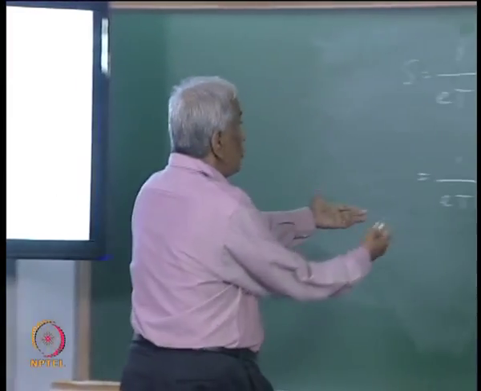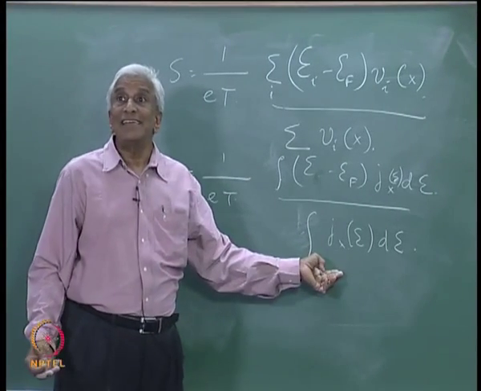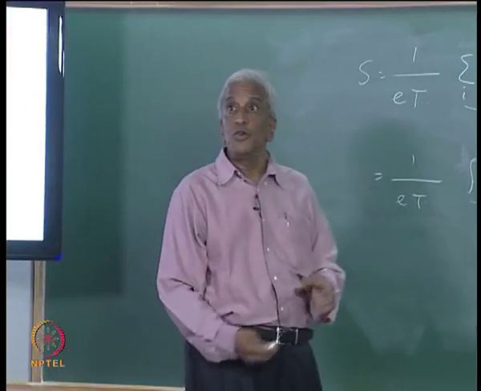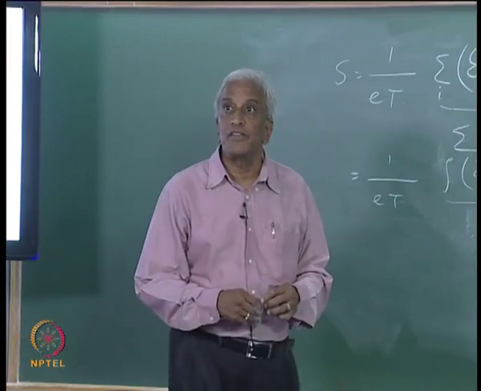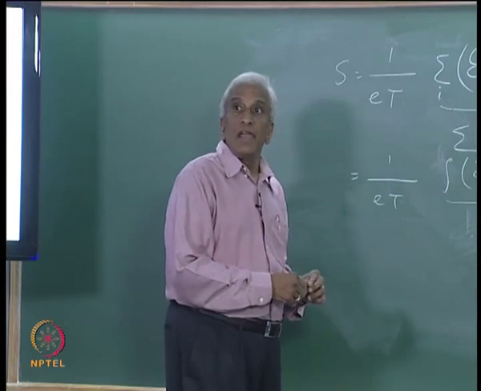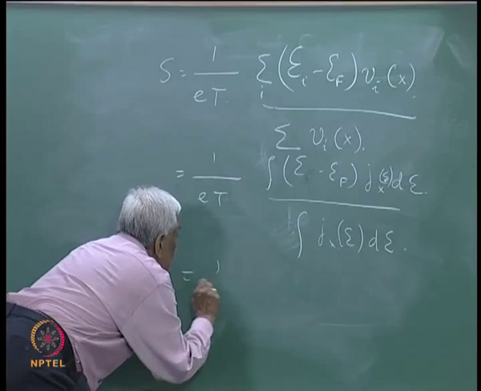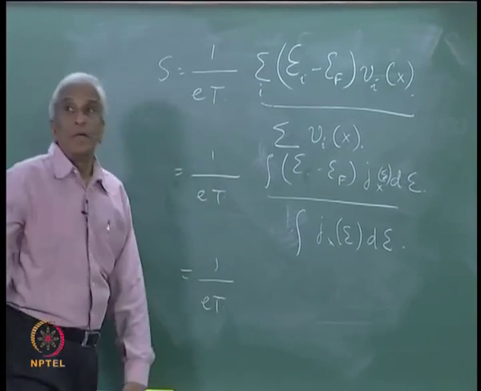Now, we already have discussed how to obtain the electrical current due to the transport of electrons. So, we just borrow the expression from that, and we can write the thermopower therefore as 1 by eT.